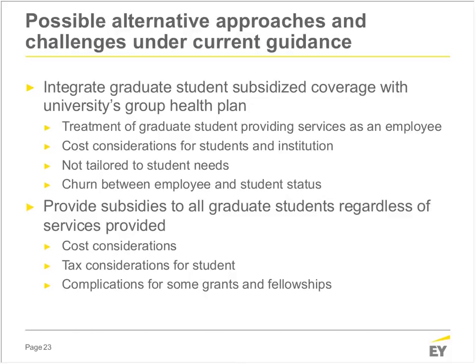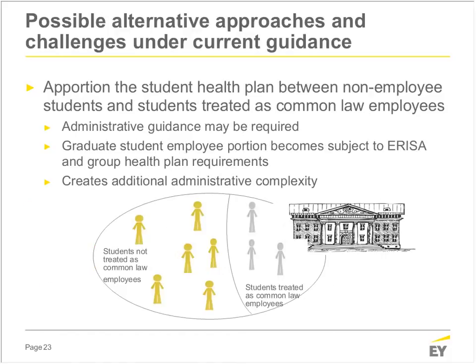As I mentioned, we know of some institutions that do just that, and that would be permissible. But there are other institutions that, for cost reasons and others, have said that no, we will subsidize the coverage as long as you are providing us with research services, teaching services or other services. So that does raise some other cost and tax considerations if you decided to move in the direction of offering it across the board to all grad students. Why don't we move to the next possibility.